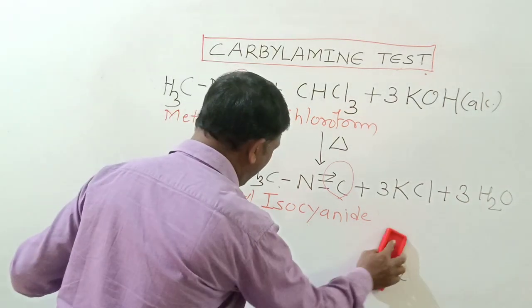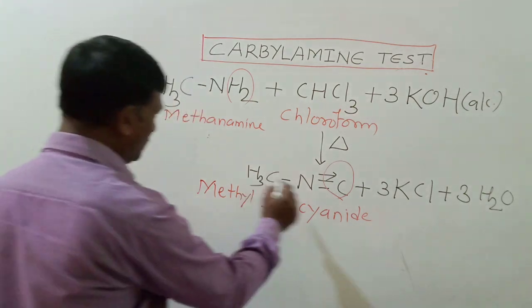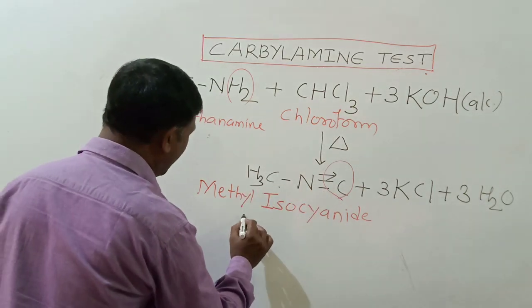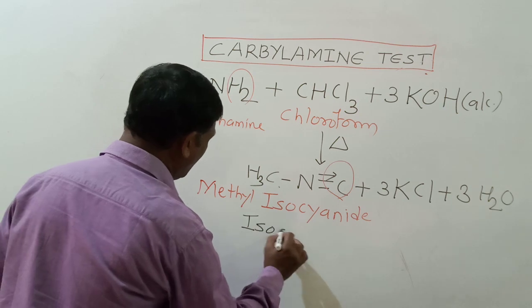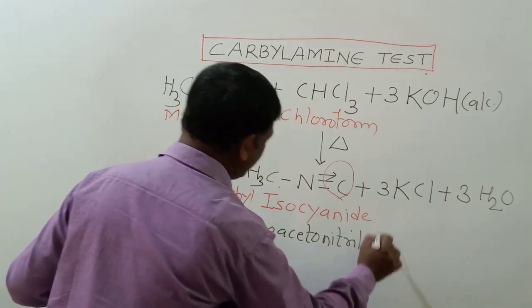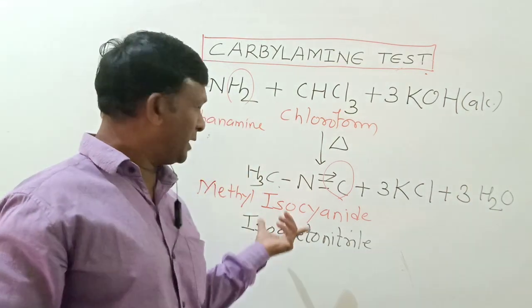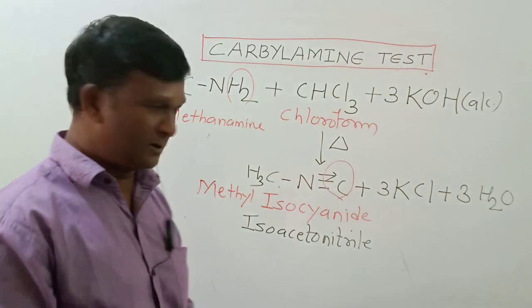So this is the carbylamine obtained in this test. Methyl isocyanide is also called isoacetonitrile. So starting with methanamine, we will get the product methyl isocyanide.